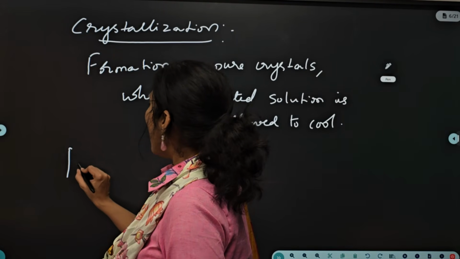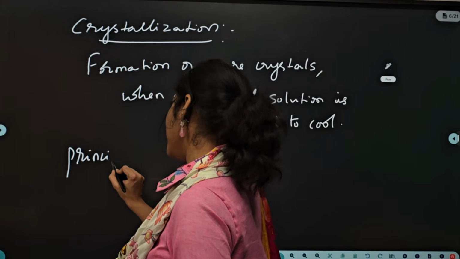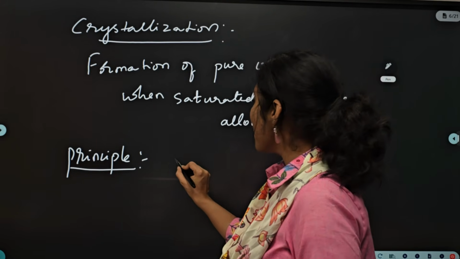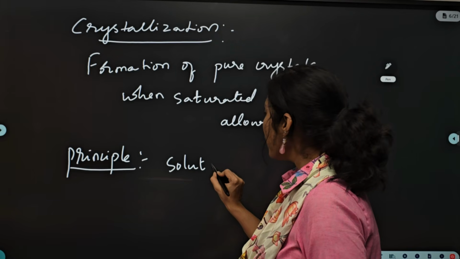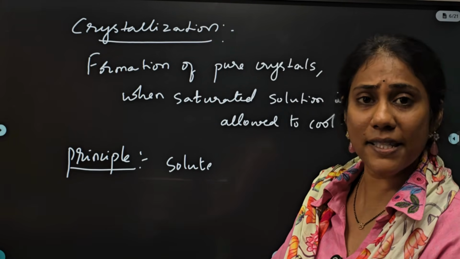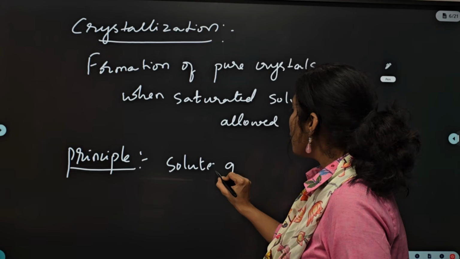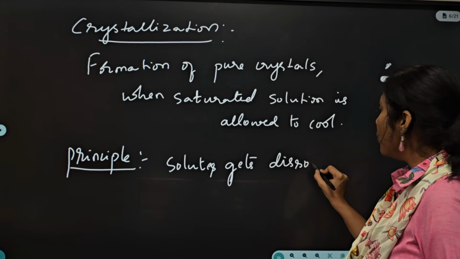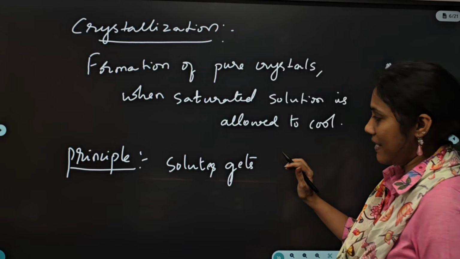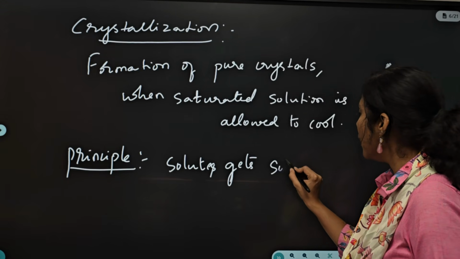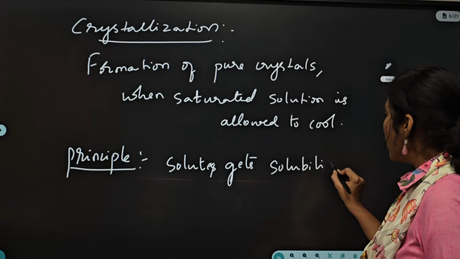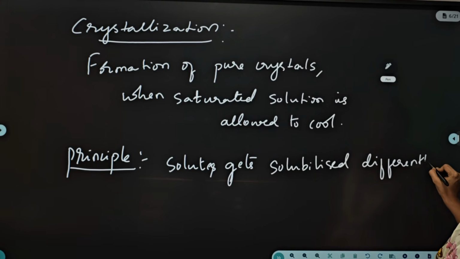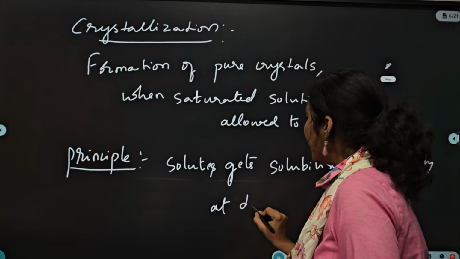And how are we getting crystals here? What is the principle involved? The principle is very simple, guys. Solutes get solubilized differently at different temperatures. Which is the solute in the example? Copper sulfate.